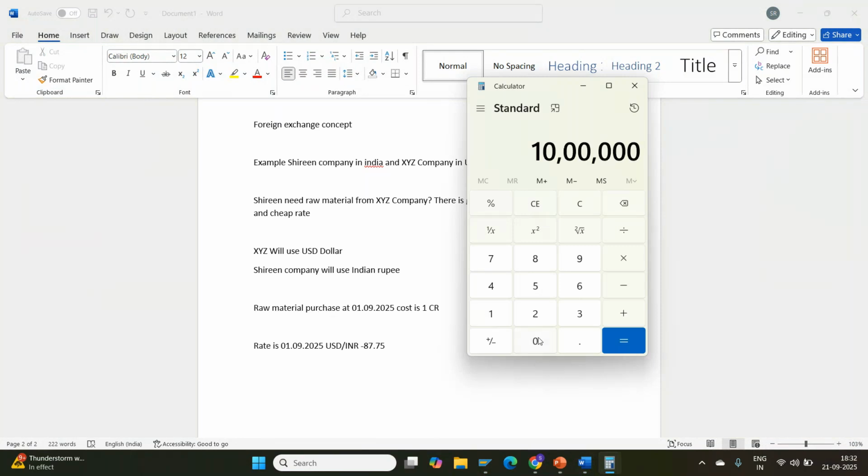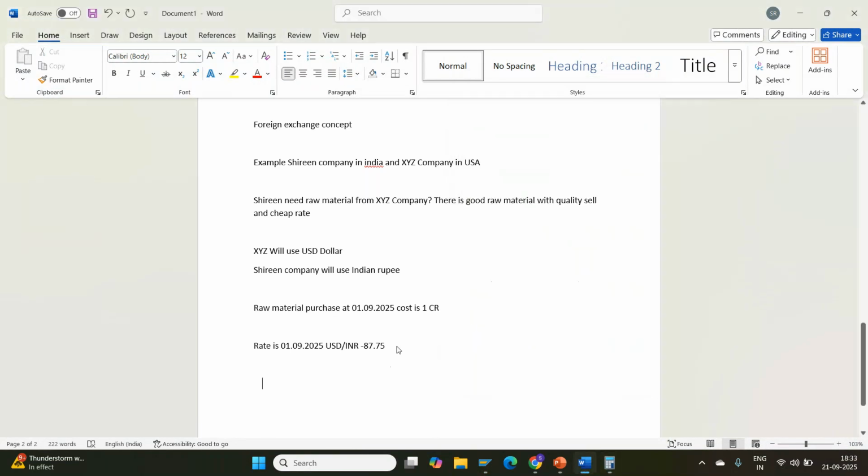One CR divided by 87.75, 1 lakh 13,960.11 dollars need to be paid to the USA vendor. Then only you will get the raw material, right?